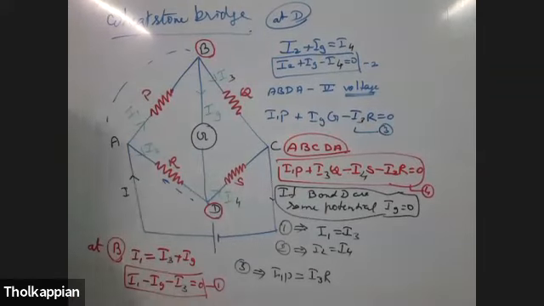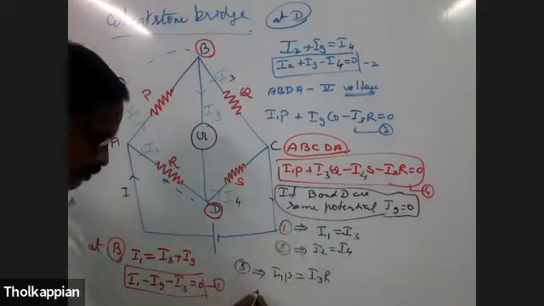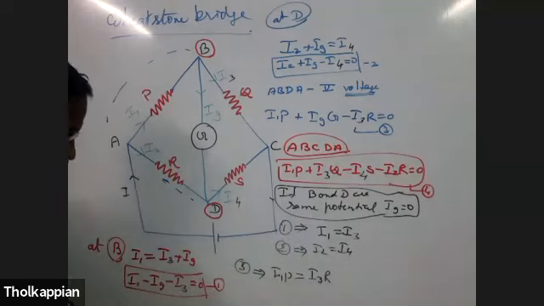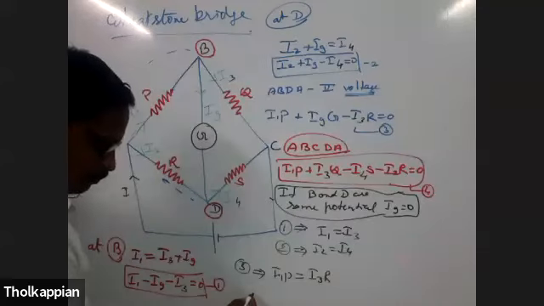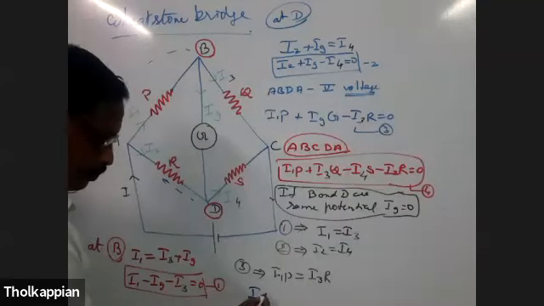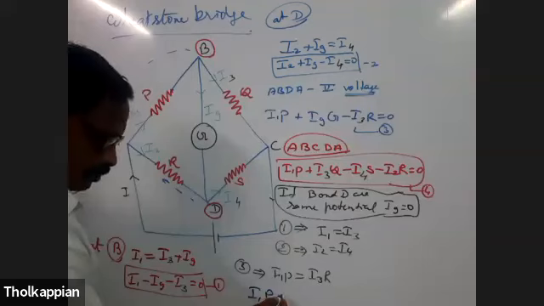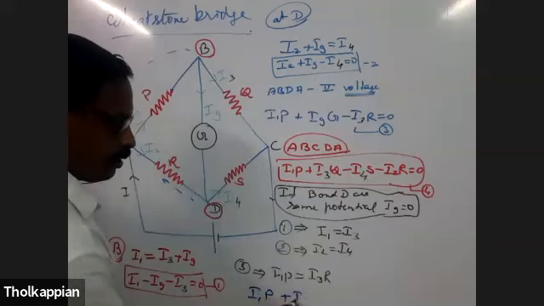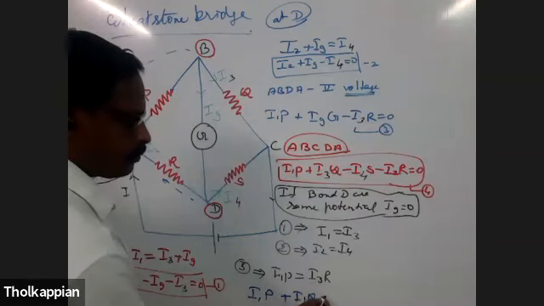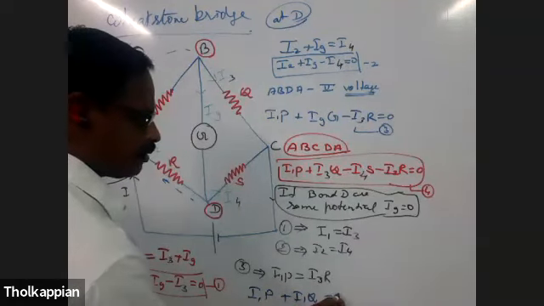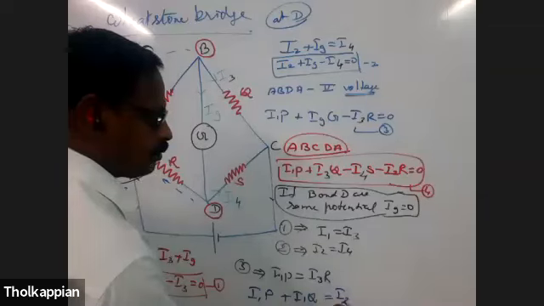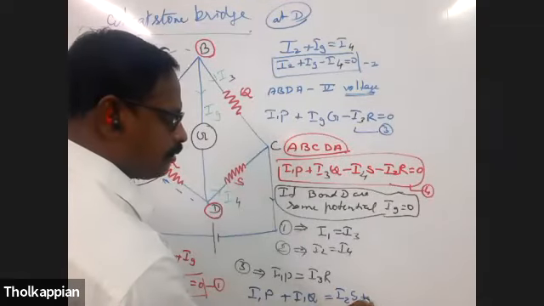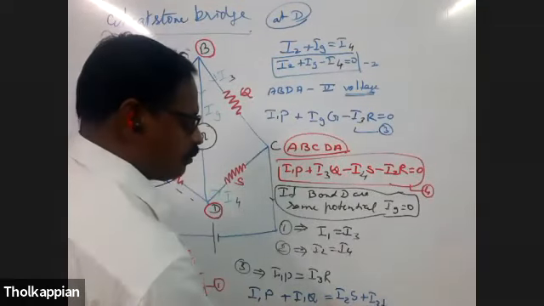So we can write that equation: I1P plus I1Q is equal to I2S plus I2R.